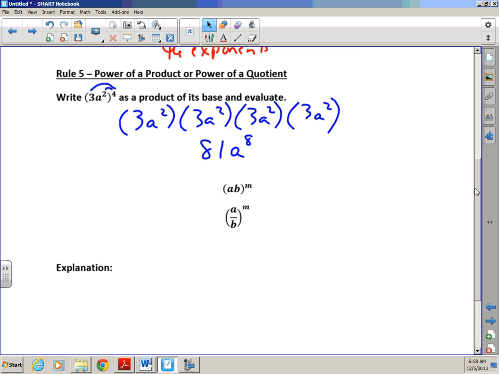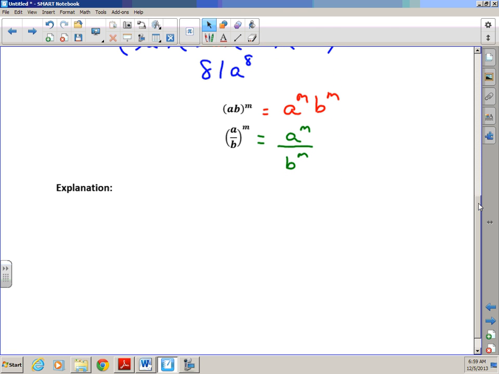So if I have ab to the m power, that means a to the m and b to the m. If I have a divided by b to the m power, a to the m divided by b to the m. Okay? Remember that we're still within the order of operations because I have multiplication and division in here mixed in with exponents, and that's not violating my order of operations.